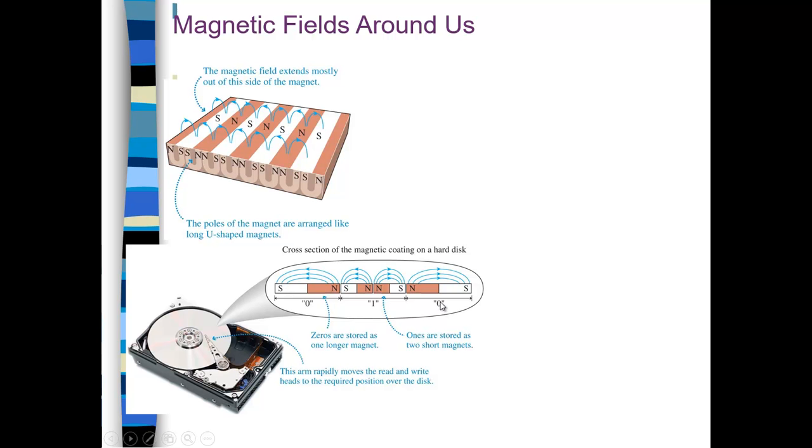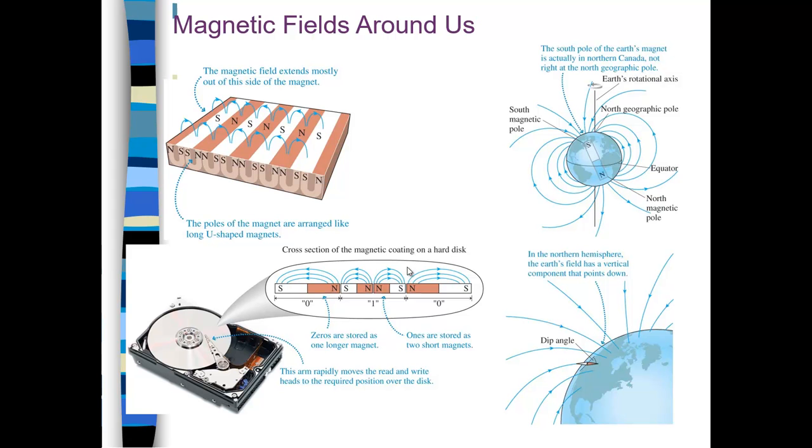And the Earth itself has a magnetic field. The south pole of the Earth's magnetic field is actually in northern Canada. We call that the North Pole. But because it's south here, north is attracted to it.